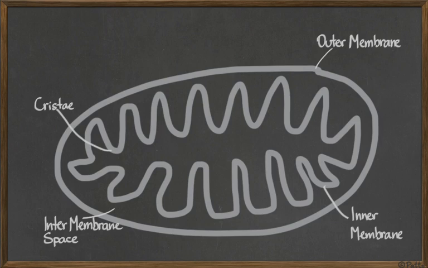The inner membrane has many proteins to perform the function of the mitochondria, so a bigger surface area makes it work much better. Although mitochondria have 2 membranes, the inner membrane has a much bigger surface area than the outer membrane.